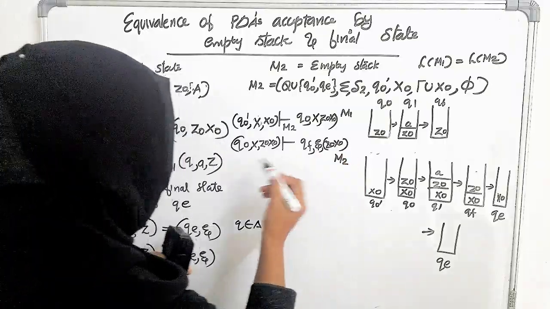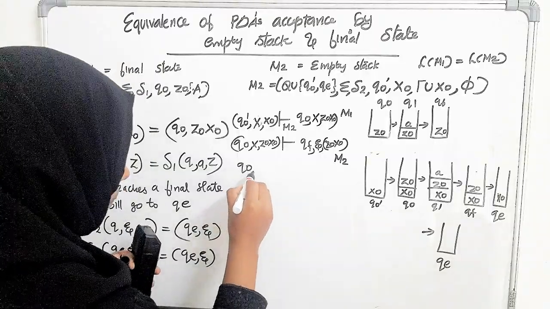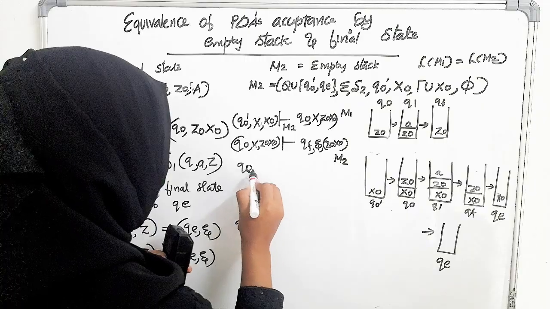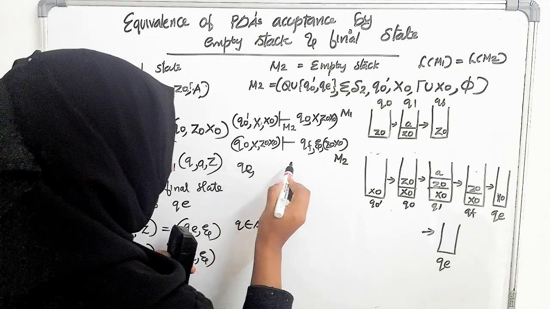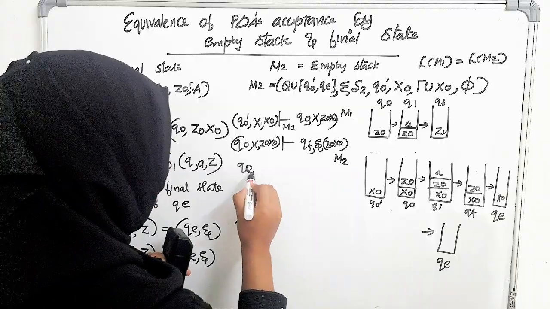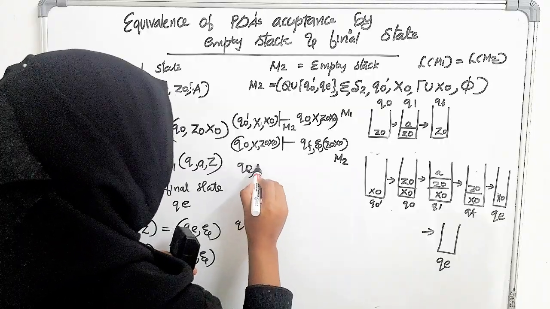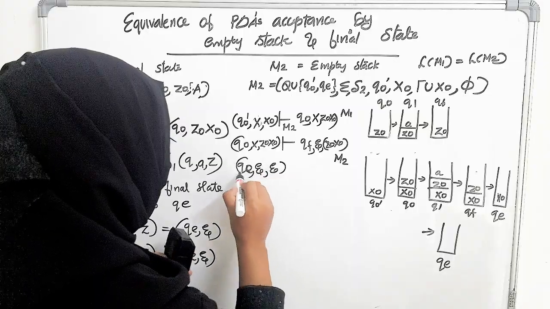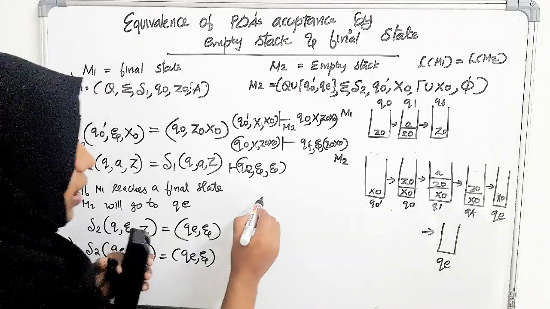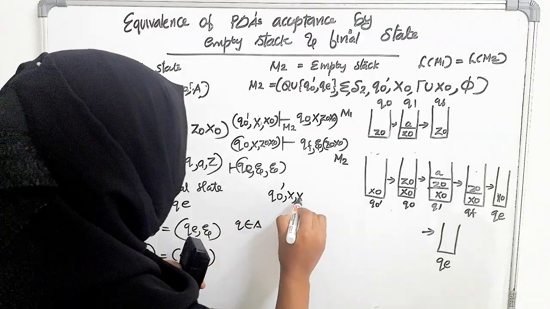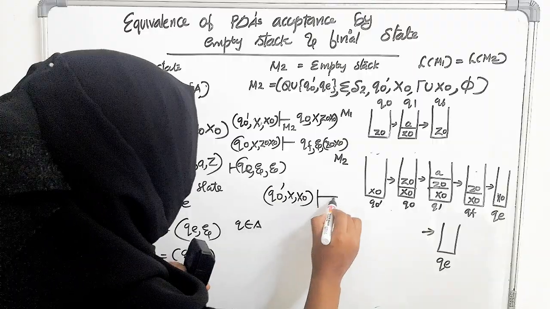Now at state QF, with epsilon on Z0, it reaches the state QE, and when the input is empty, it keeps on erasing symbols. So this is what happens, that is from Q0 X0 in 0 or more steps.